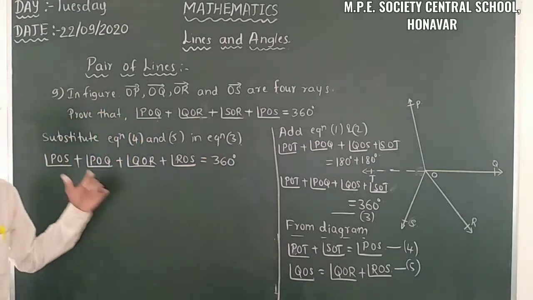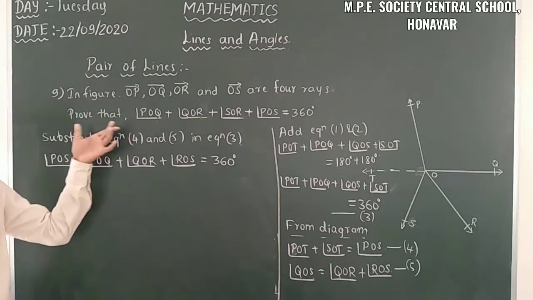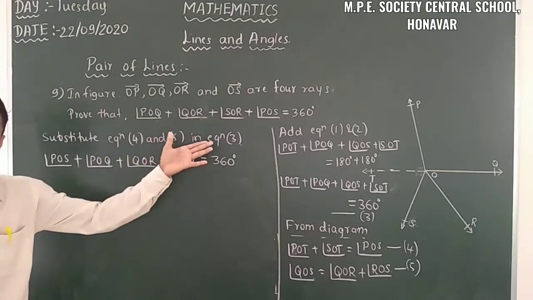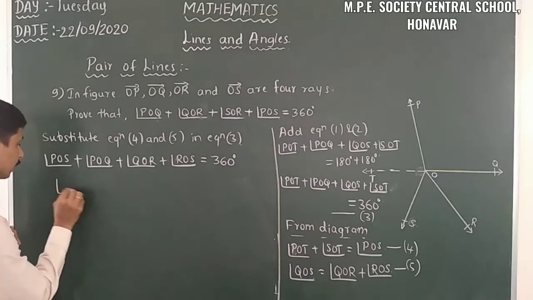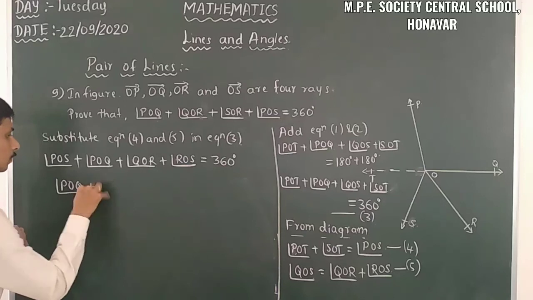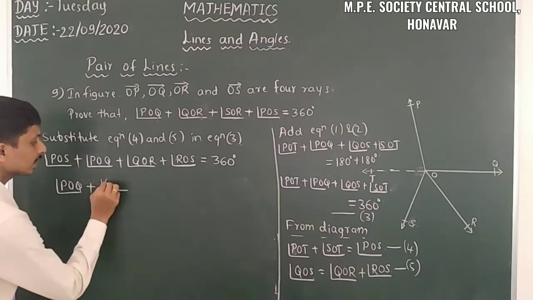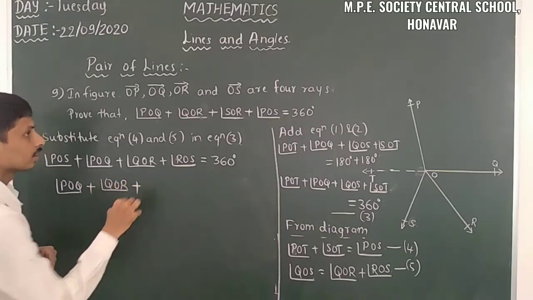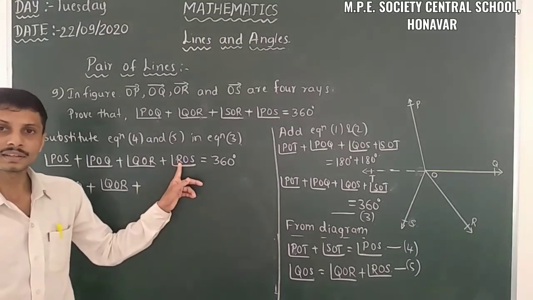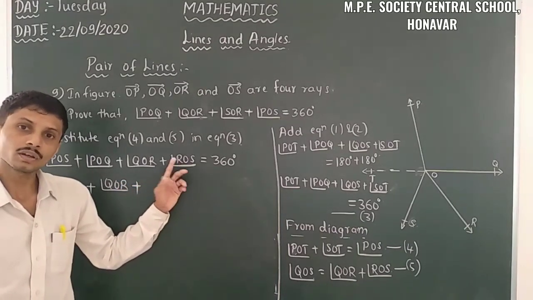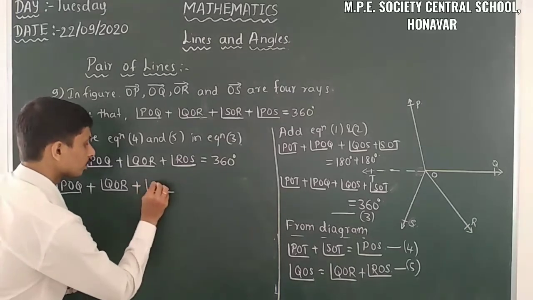So let us take the form of the proof here. Firstly, I will take angle POQ plus angle QOR. And angle ROS is there, which is equal to angle SOR, both are one and the same.